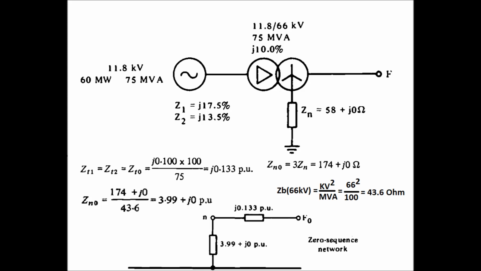The base impedance at 66 kV is kV square by MVA, which comes as 66 square divided by 100, equal to 43.6 ohm. So the zero sequence component of the NGR, that is the neutral grounding resistor, is 174 divided by 43.6, which comes as 3.99 per unit. So we can draw the zero sequence network now.